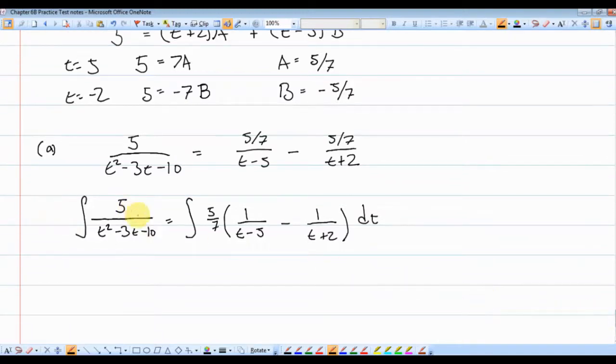Okay, now I'm only going to be working on the right side. 5/7, of course, is constant. Make sure you do your u substitution. u equals t minus 5, du equals dt. So I don't need to worry about any constants or negative signs. I can just integrate like normal. That's the natural log of the absolute value of t minus 5.